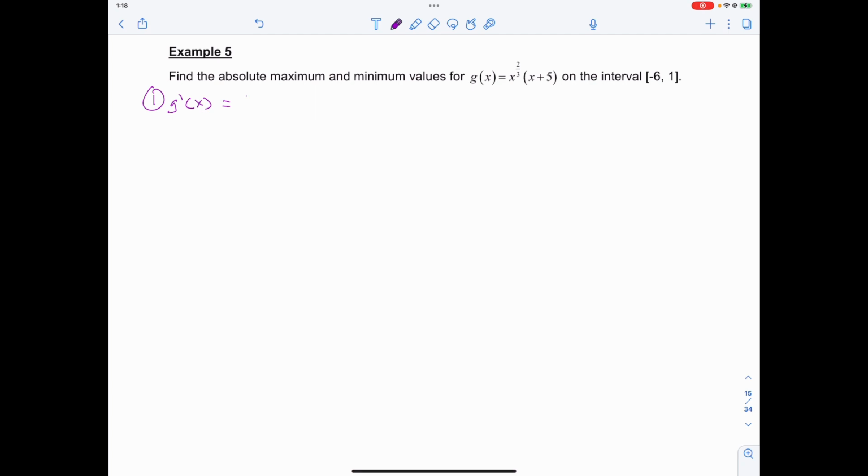And because it's product rule, I'm going to take x to the 2 over 3 times the derivative of x plus 5, which is just 1, plus x plus 5 times the derivative of x to the 2 over 3, which is 2 over 3 x to the -1/3.